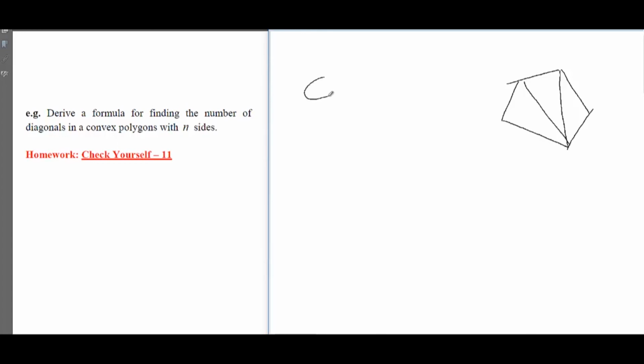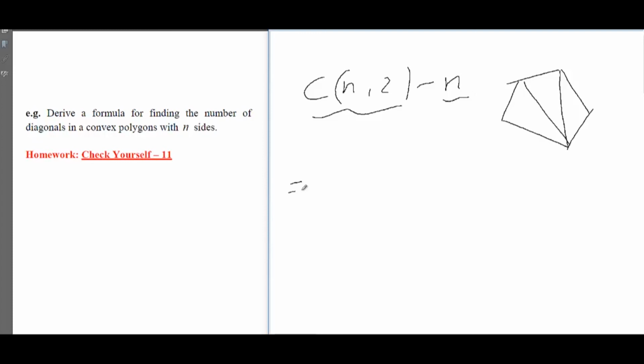So the combination of 2 from n is here, but we also have the lines which connect two adjacent vertices, the sides, and there are n sides here, so we should subtract them. This is the number of diagonals, and n is the number of sides of the polygon. We should subtract them because they also join two vertices of the polygon.